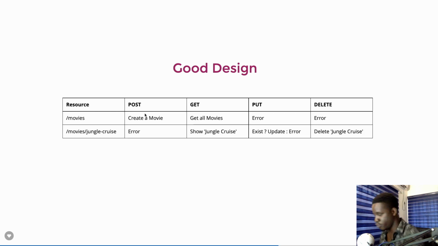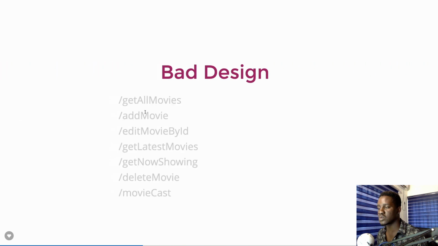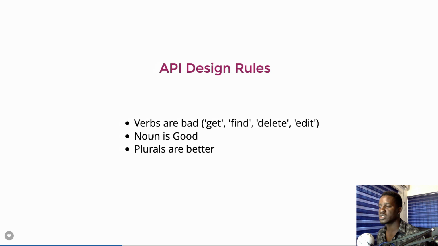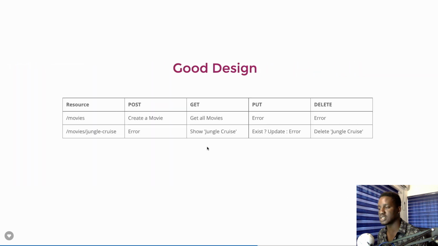Now if we go back to the previous slides, we said that nouns are good but plurals are better. If we take a look at the best designs, we'll see that it's always good to make your endpoint very simple and understandable. We've talked about the HTTP methods: post, get, put, and delete.